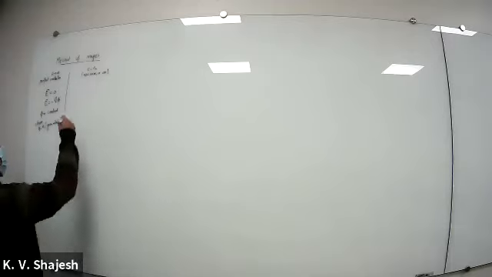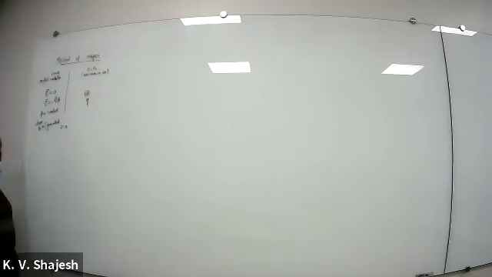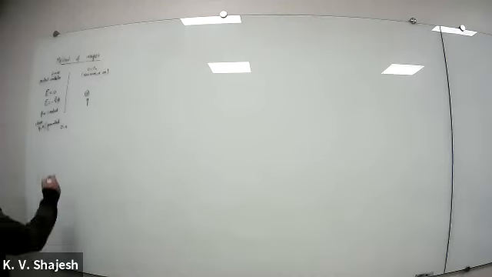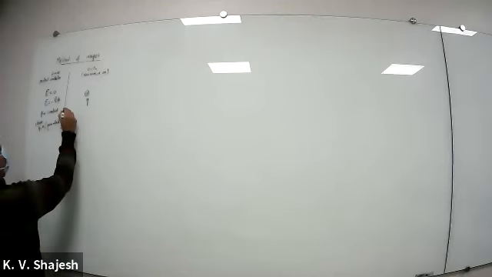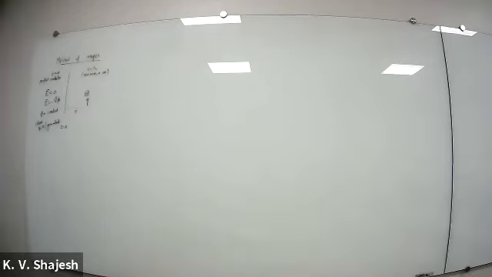Now what we want to do is a very simple thing: we place a positive charge Q at a certain distance a from the surface. What do you expect will happen?